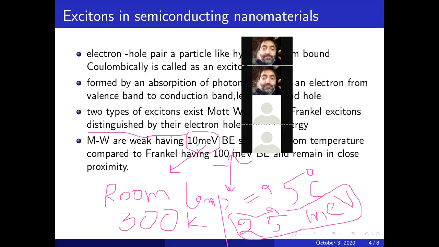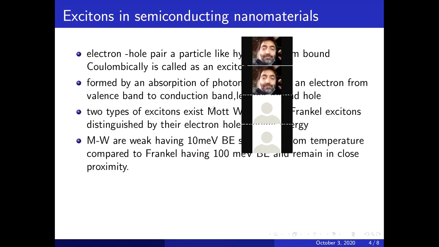So this kind of Mott-Wannier type of exciton, which has a binding energy of just 10, cannot be stable at room temperature, because as it is formed by some kind of absorption, immediately it is broken back or disintegrated, because it is produced in a 25 meV background energy. 25 meV energy is always available in the system, and it is bound only by 10 meV.